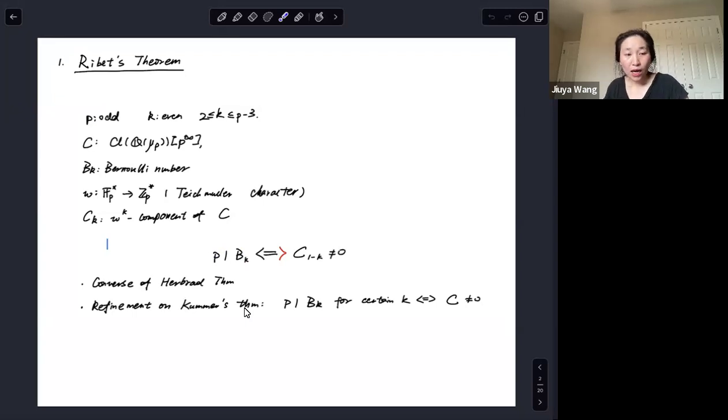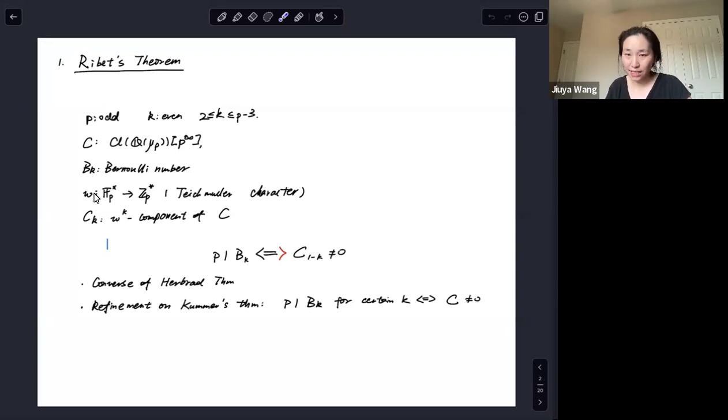And so the theorem uses Stickelberger's ideal, which gives the first case of the Brumer-Stark conjecture when the base field is Q, and Ribet's theorem gives a converse of this theorem.